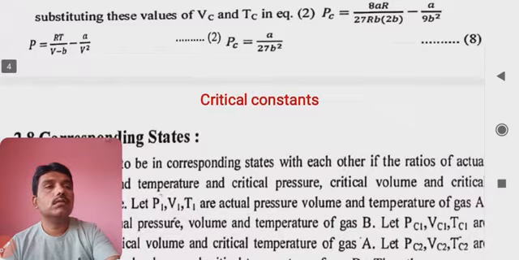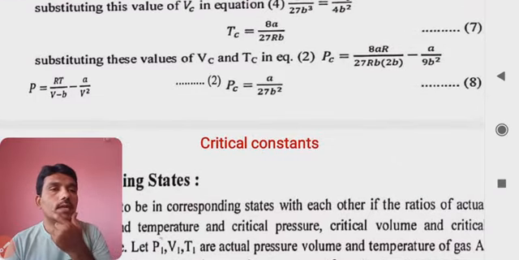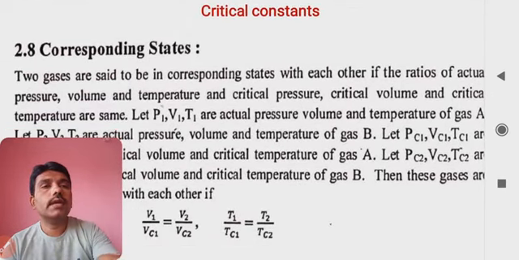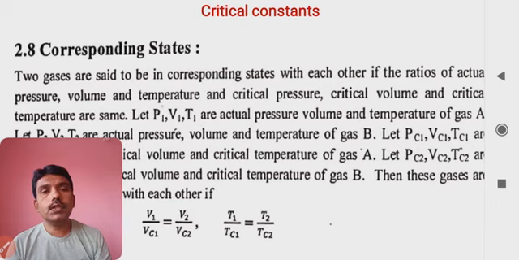Two gases are said to be in corresponding states with each other if the ratios of their actual pressure, volume, temperature and critical pressure, critical volume, critical temperature are the same.